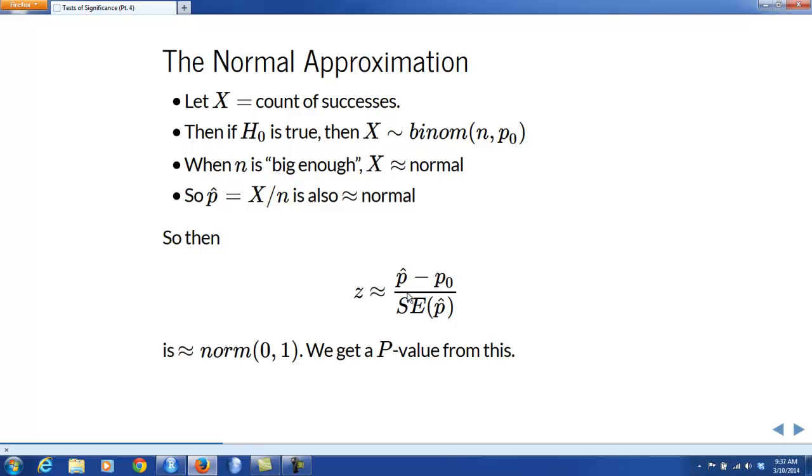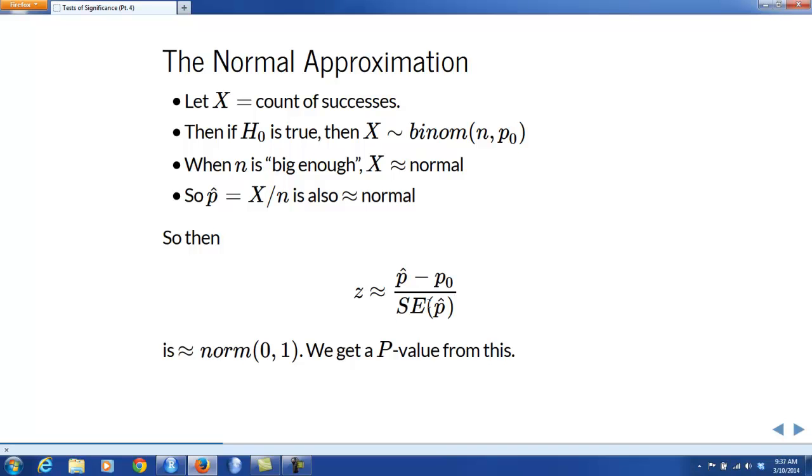Now let's think about that formula that gives approximately our test statistic z. It's this approximately normal random variable, p hat, minus what the null hypothesis expects it to be, the expected value, divided by its standard error. Now, the standard error for p hat is an attempt to approximate the standard deviation for p hat.